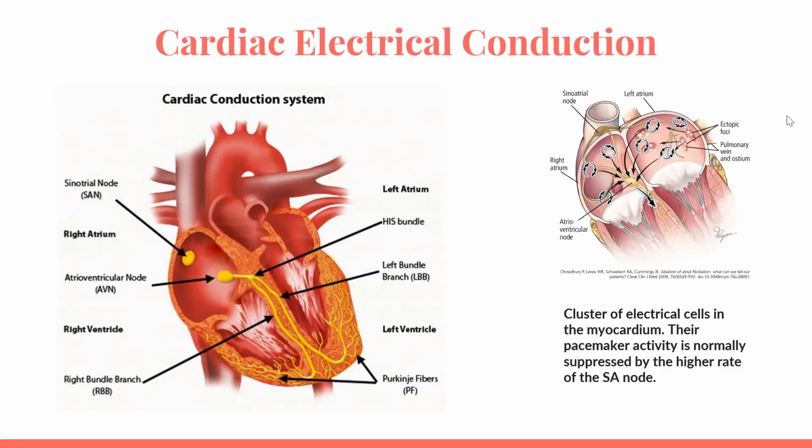And they can kind of trigger other weird rhythms to start. So I just want you to know that they exist, and that if they're too excited, and that can happen just with a lot of caffeine or drugs or whatever, that can get those too excited to where they're going to cause irregular beats. So SA node, AV node, bundle of His, left and right bundle branches, Purkinje fibers, and then we also know that there's ectopic foci in the walls of the myocardium.